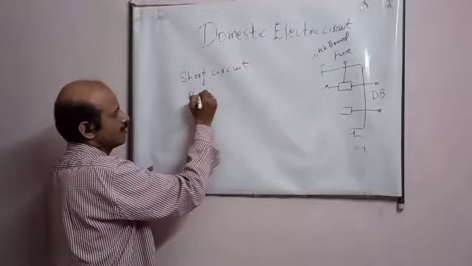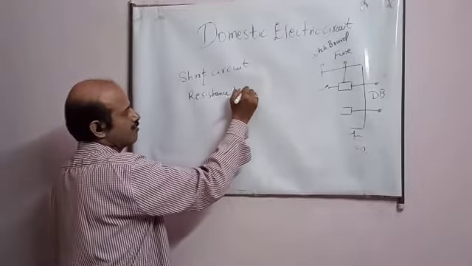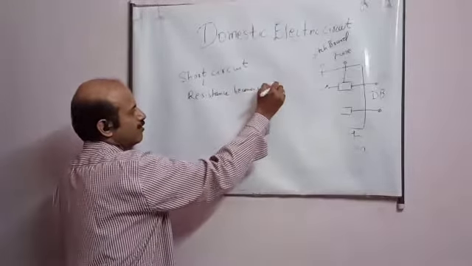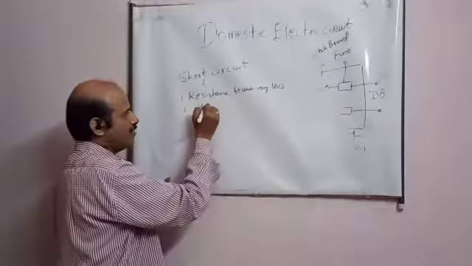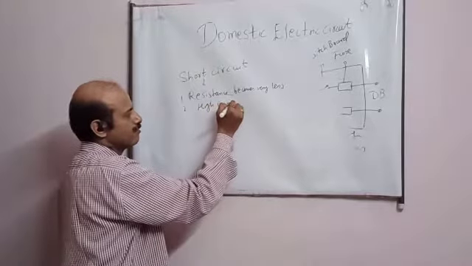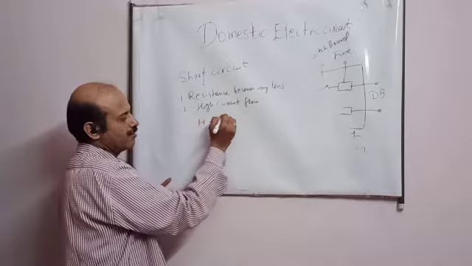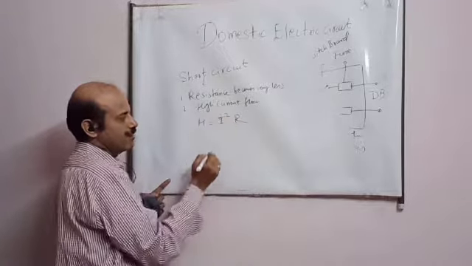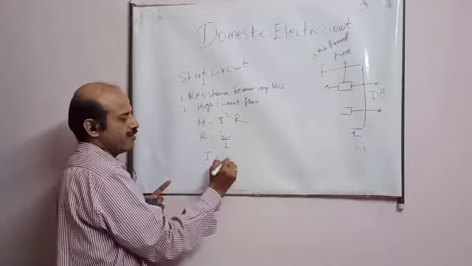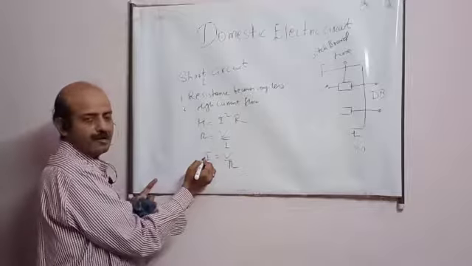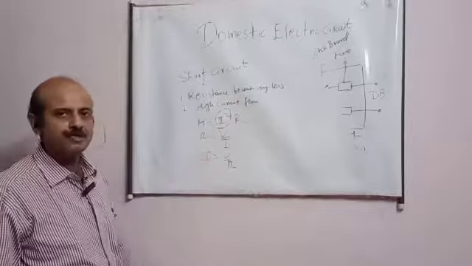Resistance becomes very less, and second, high current flows. And you know, student, the heating effect formula, R is V upon I, or I is V upon R. If resistance becomes less, I will become high, and the heat increases with the square of the current. So a very high amount of heat will be generated, student.